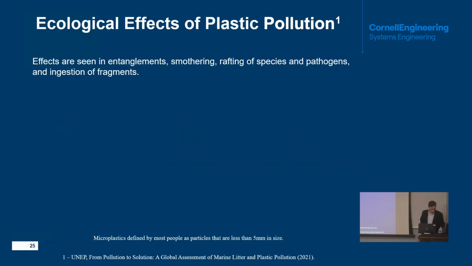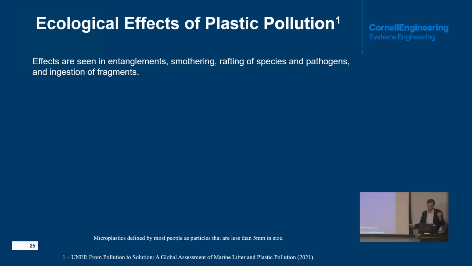So, some ecological effects. I'll talk about some pollution and why we should be somewhat concerned about all this plastic. Plastic entangles fauna. It could smother aspects. The rafting of species and pathogens is not something I thought about, but actually something could ride on a piece of plastic and go from place to place.